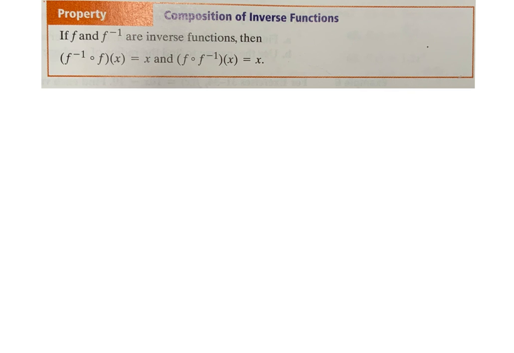My original function was 10 minus 3x. My inverse function was negative x plus 10 over 3, right? Those are my two. What this is telling me is if I take the composite of those in any direction, remember composite's not commutative, order matters.